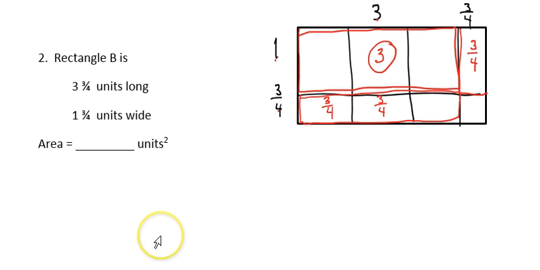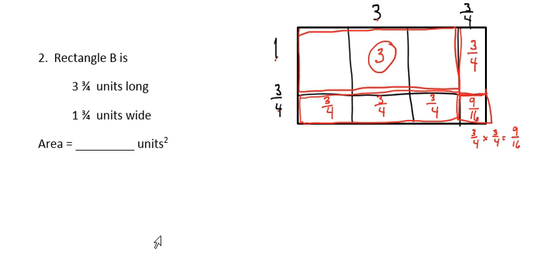So here's my 3 copies of 3/4. And then I have the little rectangle in the corner. Its dimensions are 3/4 by 3/4. Another way to look at that is 3/4 times 3/4, which equals 9/16. So this piece is 9/16.